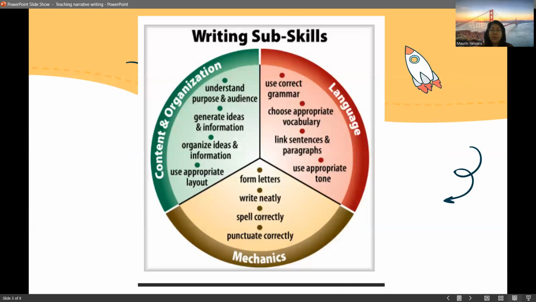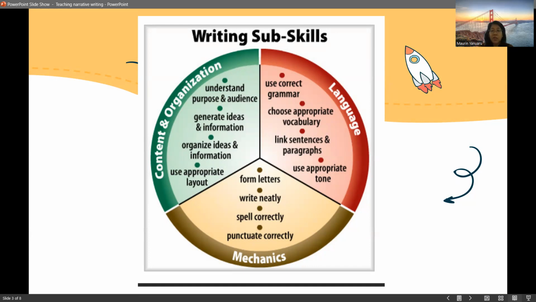There are 3 things to consider if we want to teach writing. The first one, we have to pay attention to the content and organization: understand the purpose of the writing and the audience, generate ideas and information, organize ideas and information, and use appropriate layout.